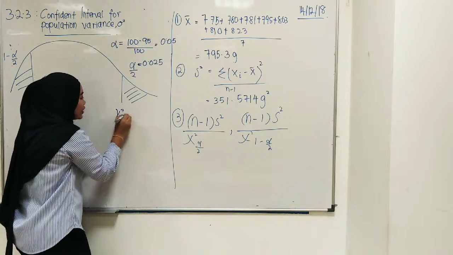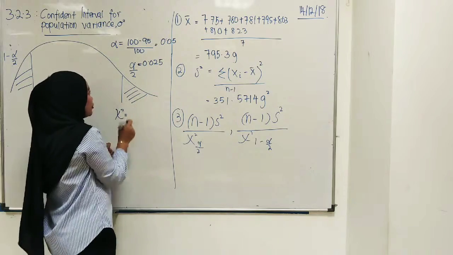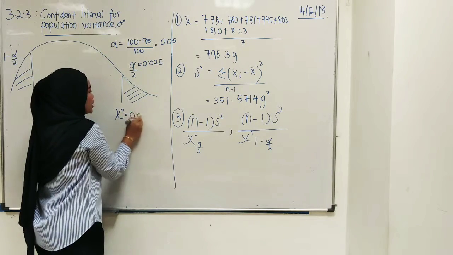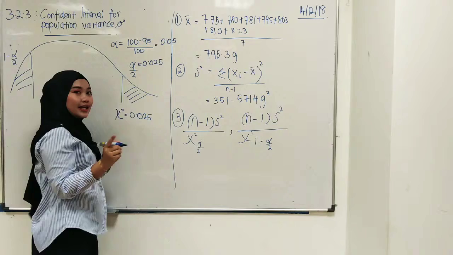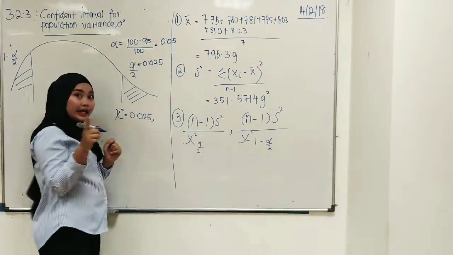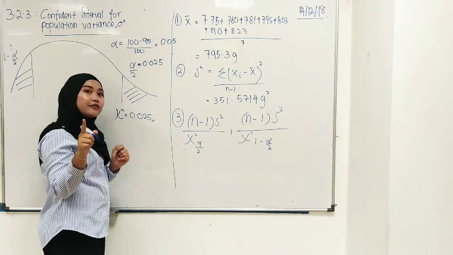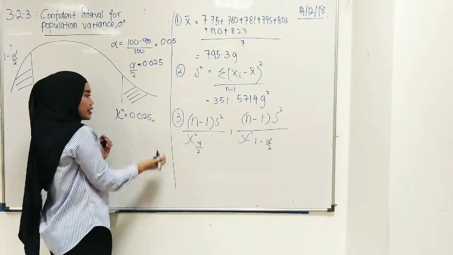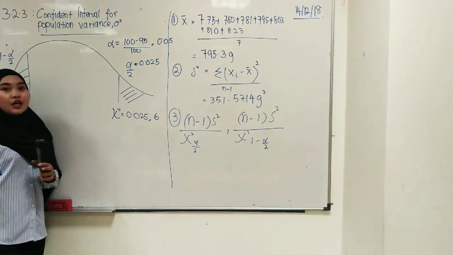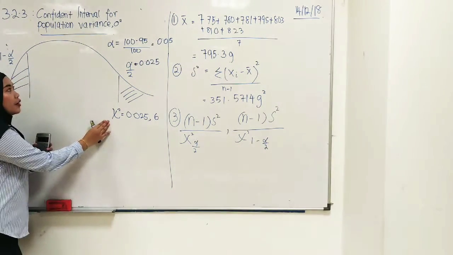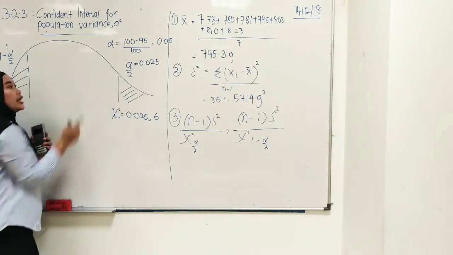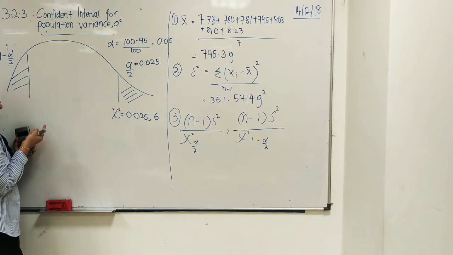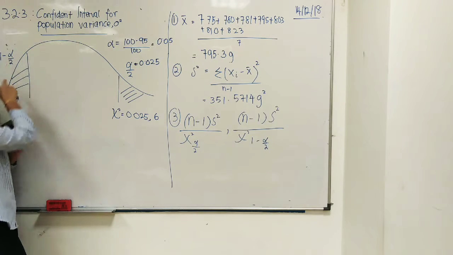So we want to find 0.025 in the chi-square table, and don't forget the degree of freedom, which in this example is 7 minus 1. Having found alpha over 2, we need to calculate another portion, that is 1 minus alpha over 2.